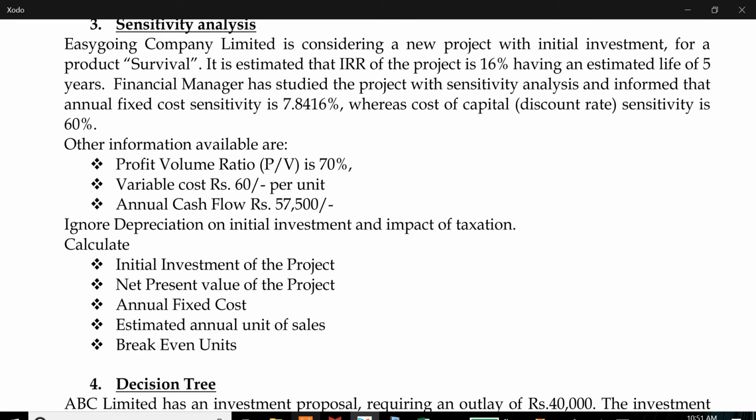Okay, let's look into the question. Easygoing Company Limited is considering a new project. IRR is 16%. The financial manager has given us two sensitivities.